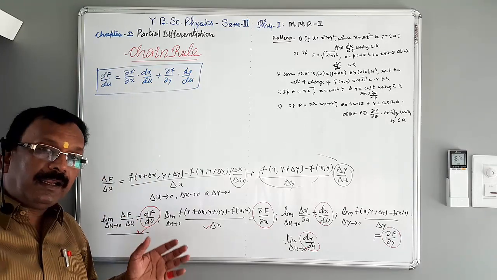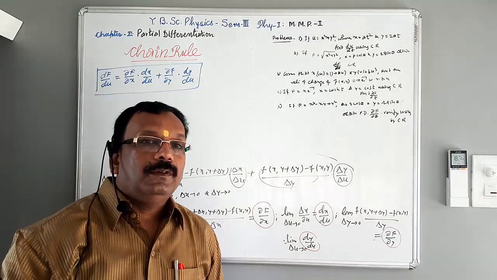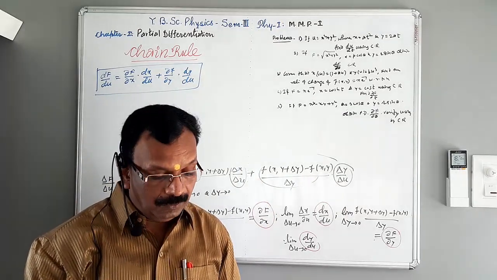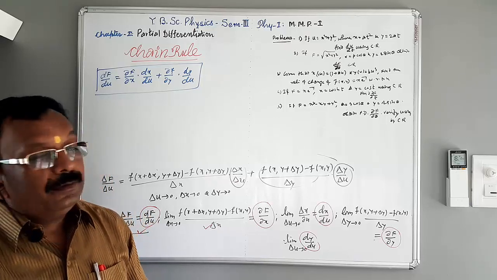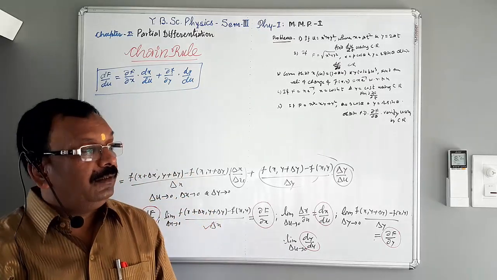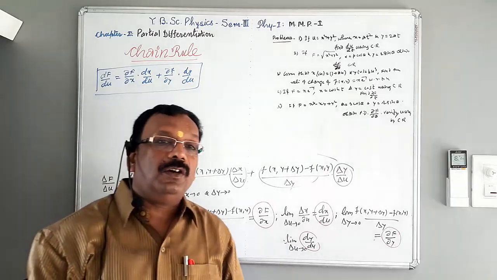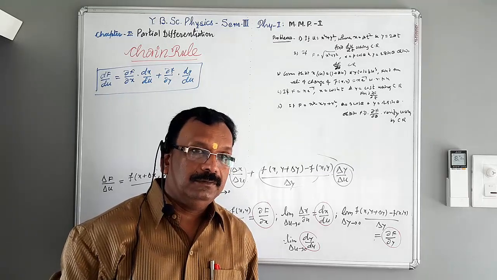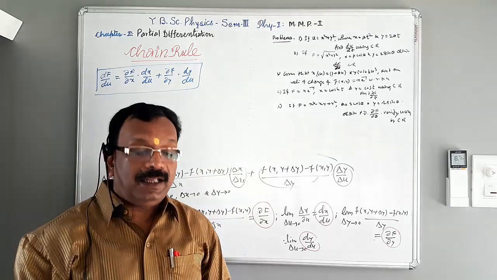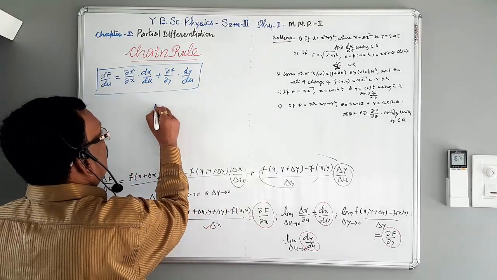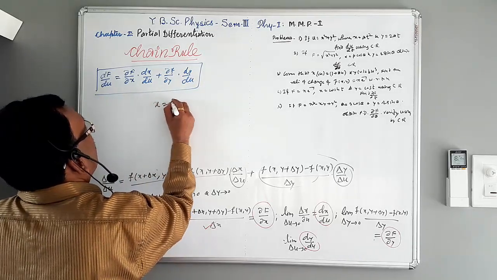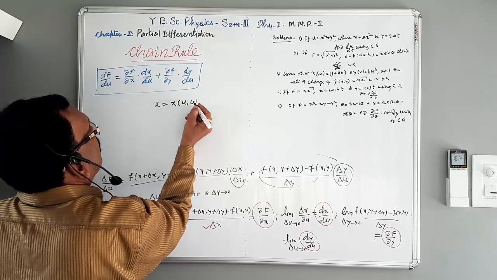Okay, and I have already told you that this chain rule is useful for equations which involve parametric terms. Now instead of a single variable, if there are two variables, that means x is equal to x of u and v.